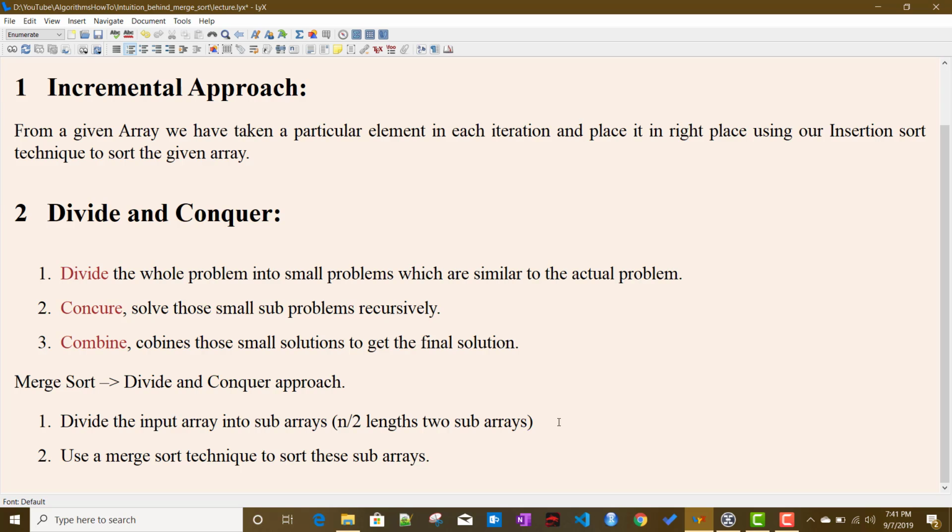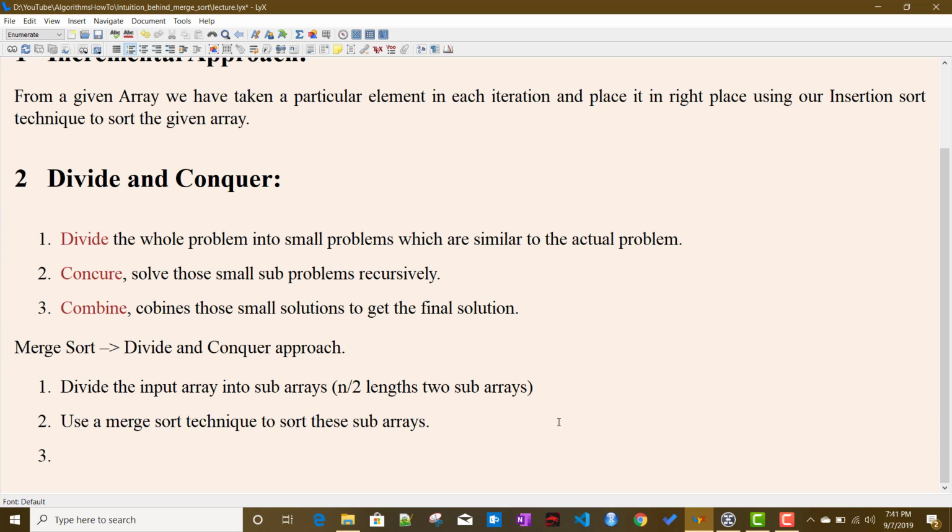We will be seeing the merge sort technique very soon, and we will build some intuition for it. Finally we will combine as well, and even this merge sort technique will help us combine those array results. So the merge sort technique is applicable for steps 2 and 3 as well.